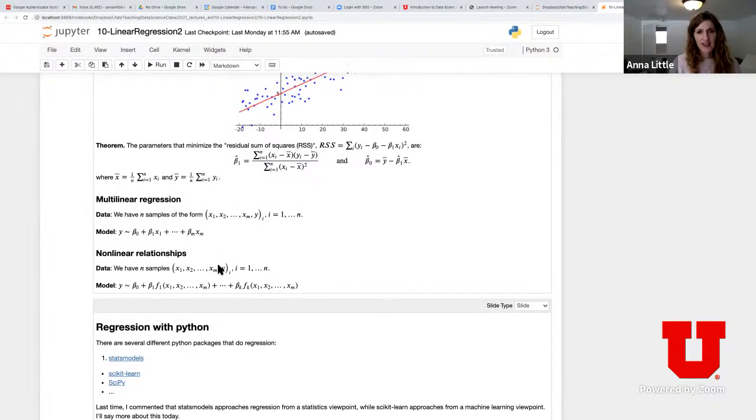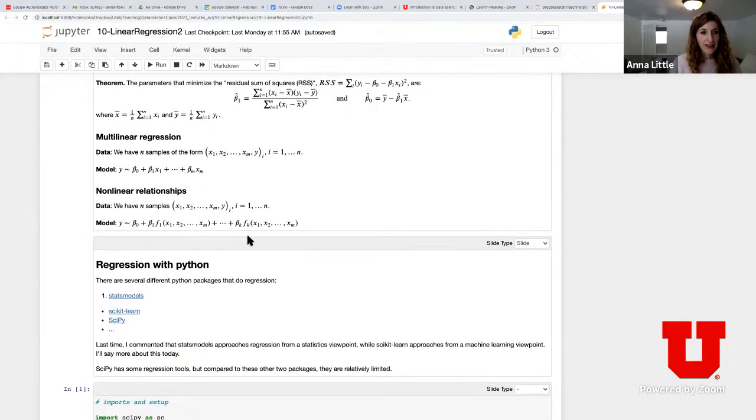So in this case, we're still thinking about a linear relationship between the predictors and the response variable, but we may have more than one X. So say we have M X's, so we could think of these as M different features or variables that we have observed, all of which we're trying to use to predict Y.